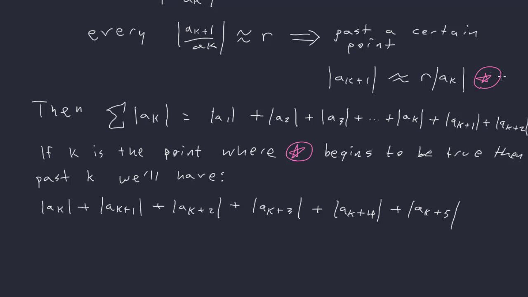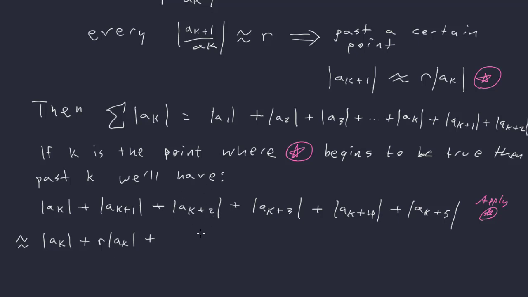Now I'm going to apply this star step. You might be wondering what in the world I mean by that. Well, a_K I'm not going to change. But a_(K+1) I can say is approximately R times a_K.